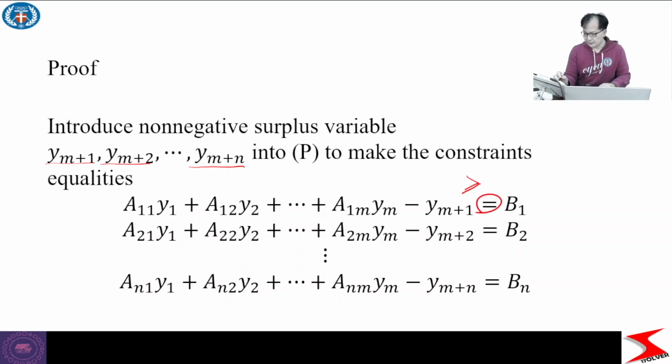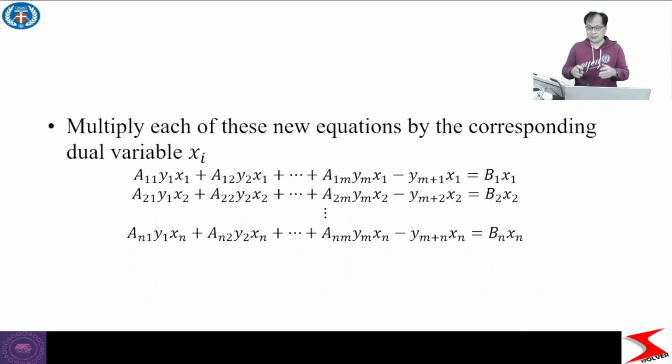This is the original constraint with the non-negative surplus variable introduced. In both sides we multiply by x, so for the first one we multiply by x1, for the second one we multiply by x2, and so on.